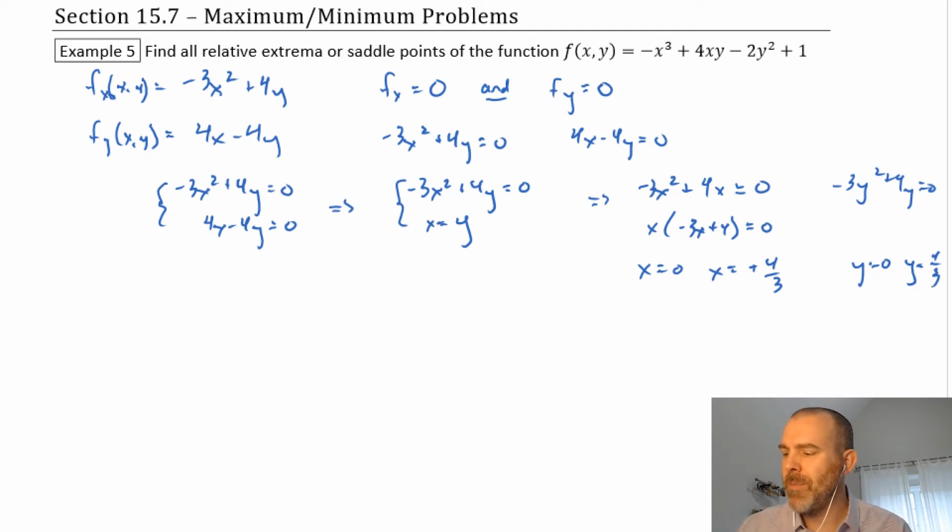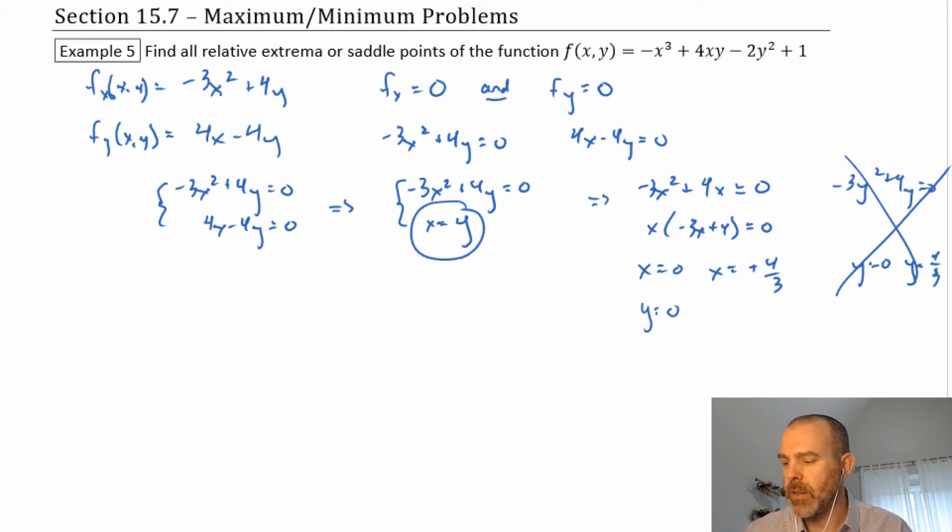So don't do that. Instead, go back to one of your original equations and use it to solve for y. We know x is equal to y. So when x is 0, y is 0, and when x is 4/3, y is 4/3. Those are paired together, so we have the critical points (0, 0) and (4/3, 4/3).